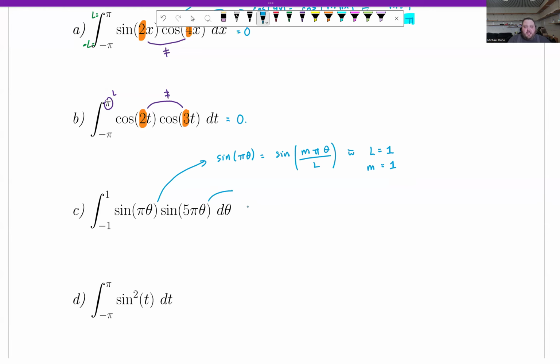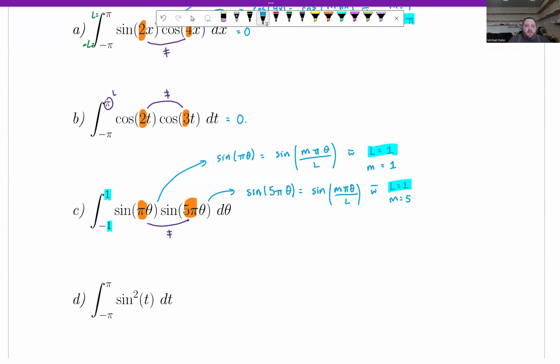Okay, similarly for sine of 5 pi theta equaling sine of m pi theta over L, with L equal to 1, and m equal to 5, okay? Good, and so we see here that L equals 1, and so we have 1 to negative 1 here, right? Okay, so we see this works for our bounds of integration.